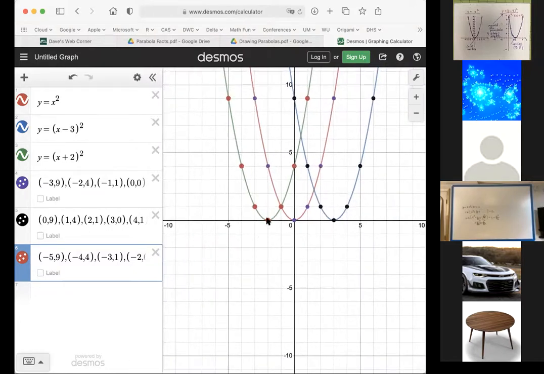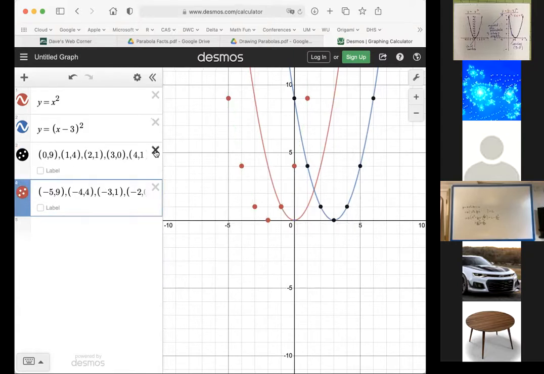Now each parabola has its vertex, right? And the vertex is just moved 3 units to the right or 2 units to the left, and all the other points are moved with it. Okay, good. Now let's try one more trick.